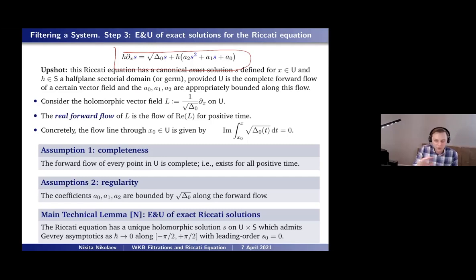It's some polynomial in 1 over x, but it also depends on H-bar. Sorry, it's a matrix whose eigenvalues are polynomials in 1 over x.